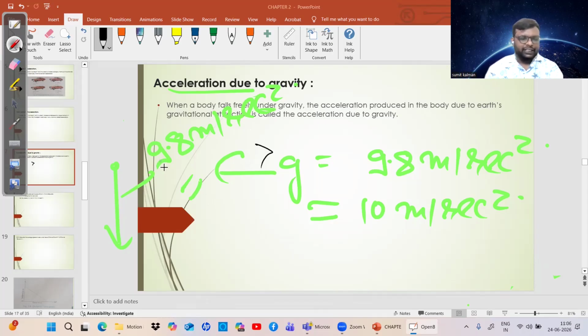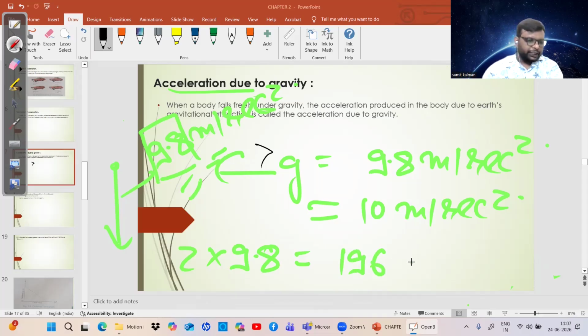That is, if the body starts from rest, then after 1 second, its velocity will be 9.8 meter per second. After 2 seconds, its velocity will be 2 into 9.8, which is 19.6 meter per second. After 3 seconds, just multiply 3 into 9.8. It will be around 29.4 meter per second.